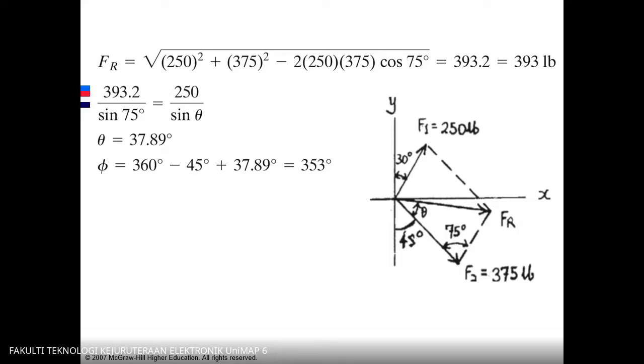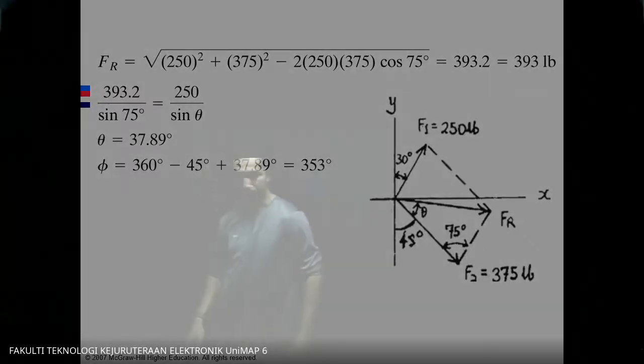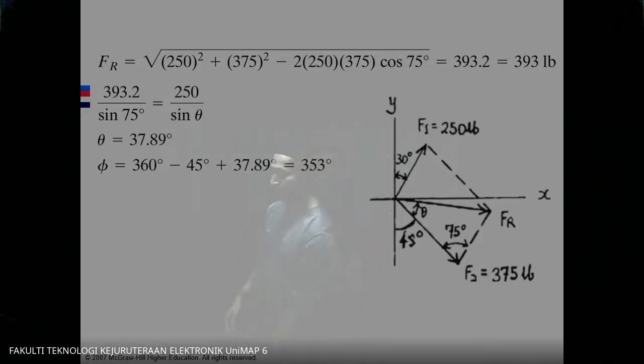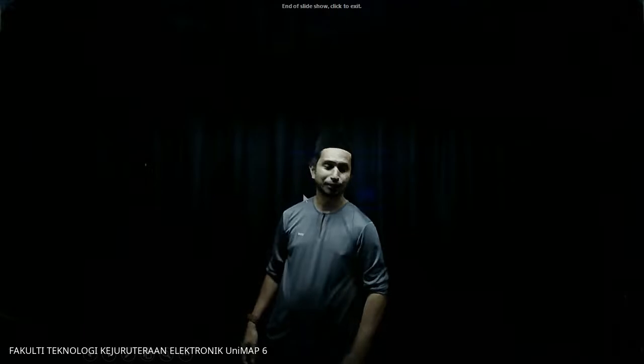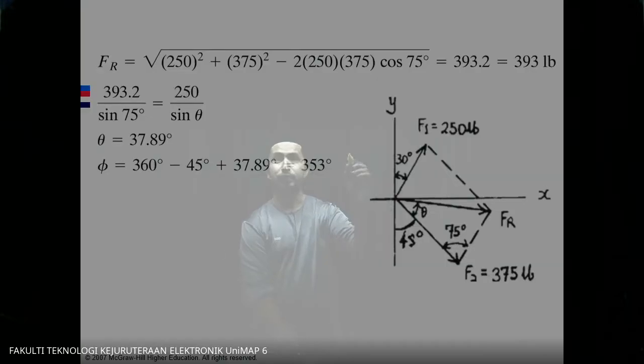How do we get that one? Let me redraw it, can? Wait a moment. We can't take too long. Okay, let's do it again. So I have F1, and then I have F2.